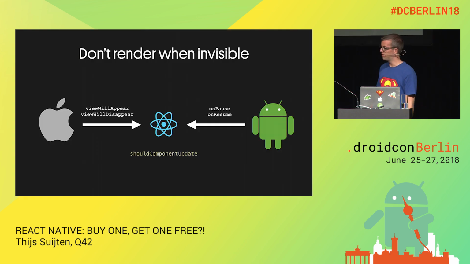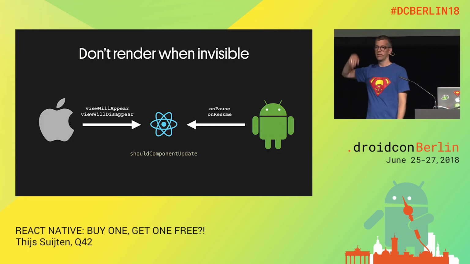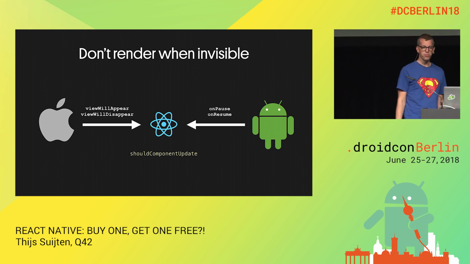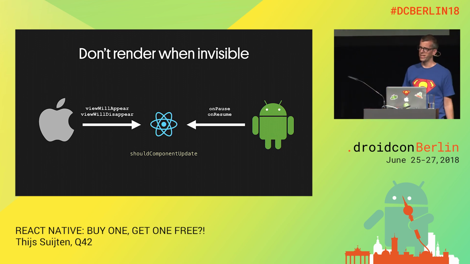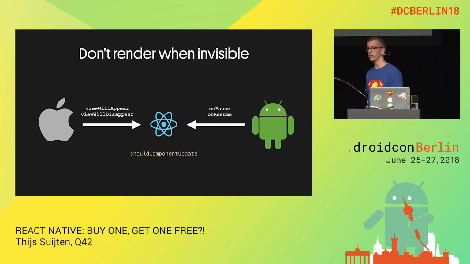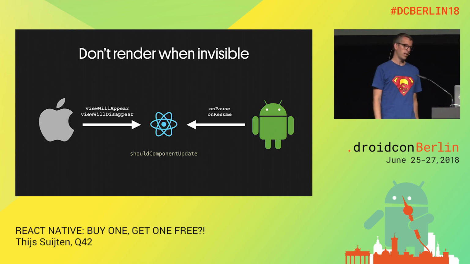And we were able to easily fix this by propagating the methods from the native side to React Native. And I don't know if there are any React developers in the audience, but what we did is, when the view is not visible to the user, there's a method in React, shouldComponentUpdate, which basically tells React to not re-render itself.